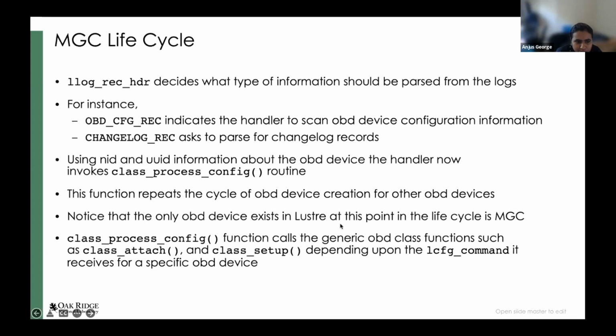So this function repeats the cycle and creates other OBD devices. The class_process_config function calls the generic OBD class functions such as class_attach and class_setup, depending upon the LCFG command it receives for a specific OBD device.